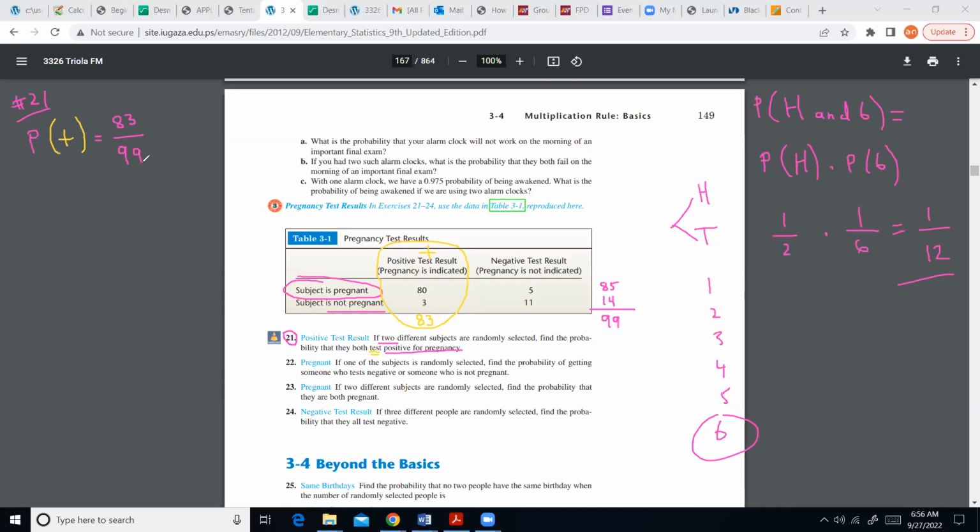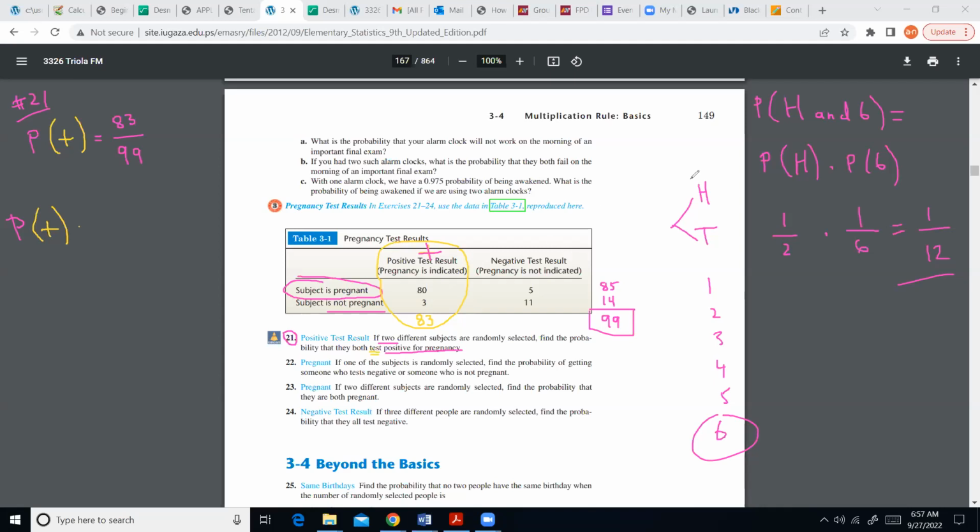The total is always in the denominator, and that's our total number of sample elements, 99. And 83 happen to test positive. Whether they're pregnant or not, we don't really care at this moment. We're just trying to find the probability someone gets a positive test result.